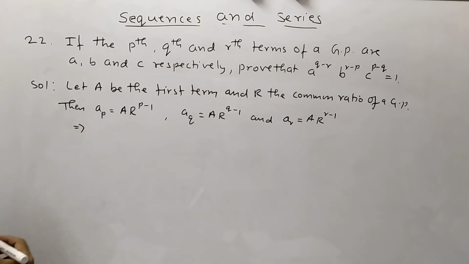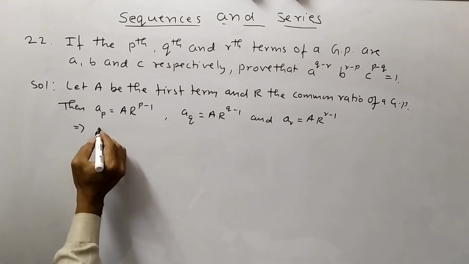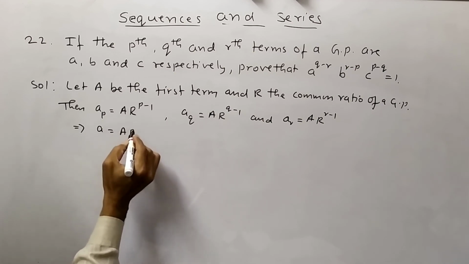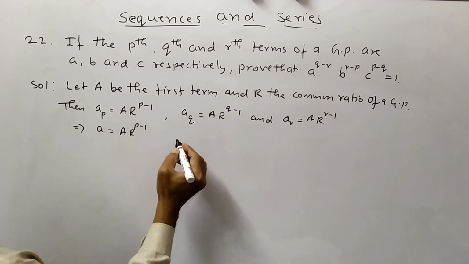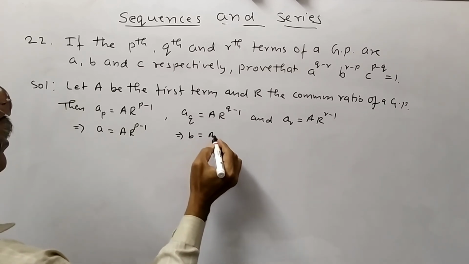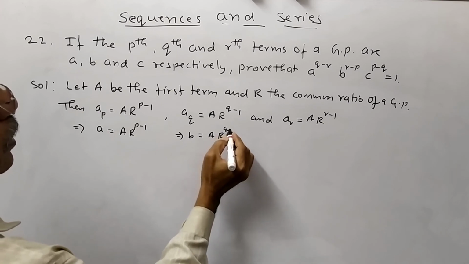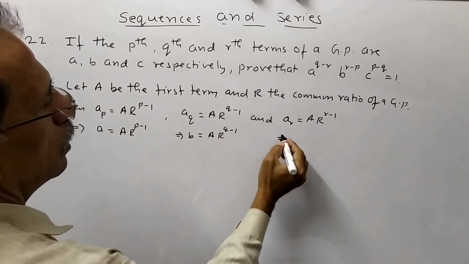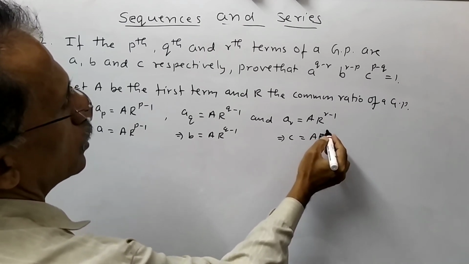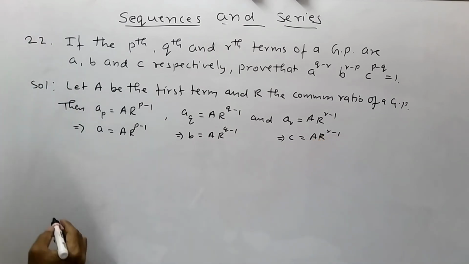Since pth term is A, therefore A is equal to A into R raised to the power P minus 1. Similarly, B is equal to A into R raised to the power Q minus 1 and C is equal to A into R raised to the power r minus 1.